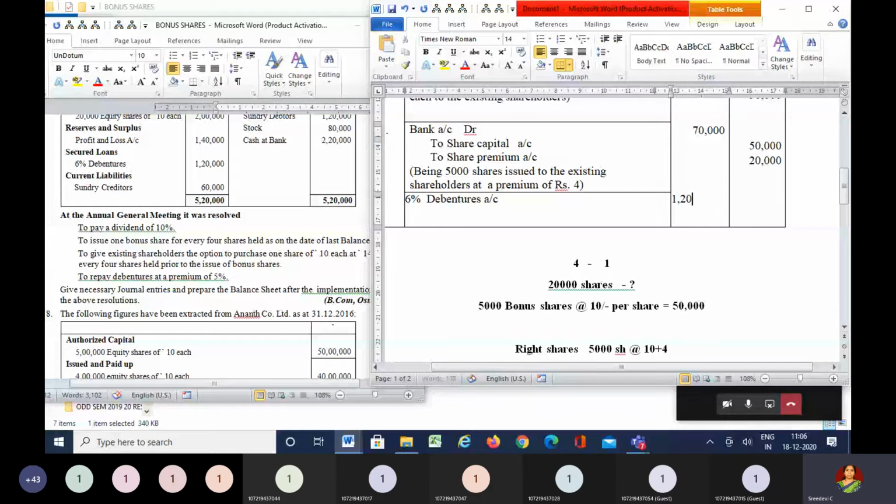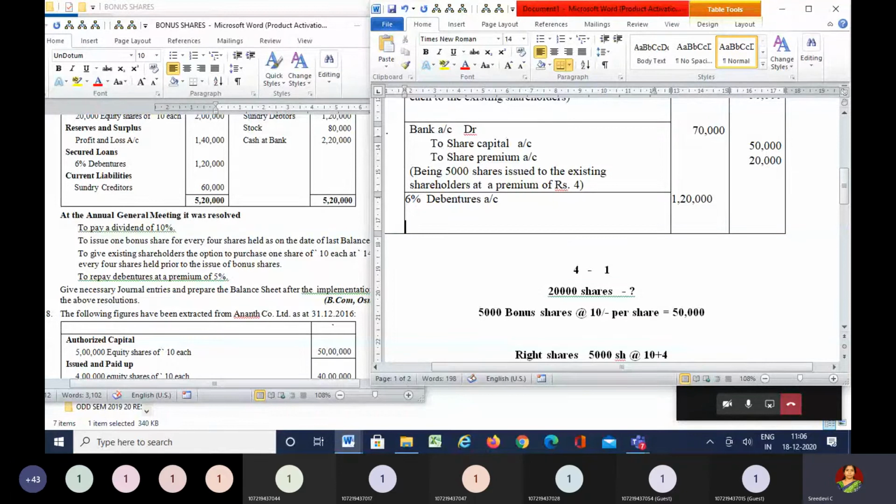So take the amount accordingly as 1,20,000. So therefore this amount actually needs to be transferred to the debenture holders. So therefore to debenture holders account. It's called the debenture holders account.